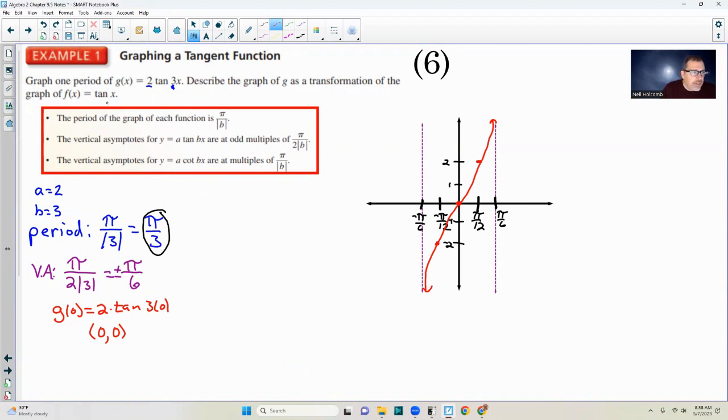So then it says, compare it to the graph of f of x equals tan x. Well, it's a vertical stretch by a factor of 2 and a horizontal shrink by a factor of the inverse of this.